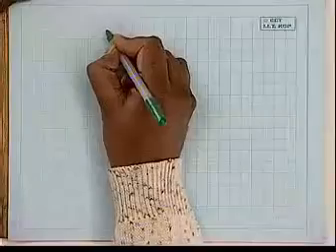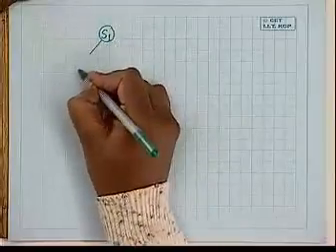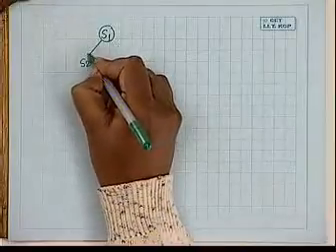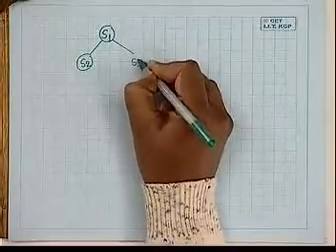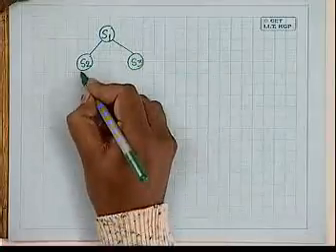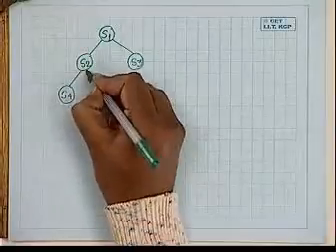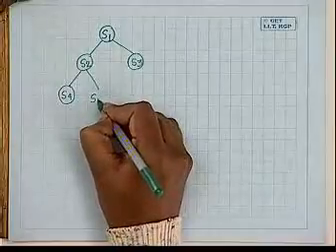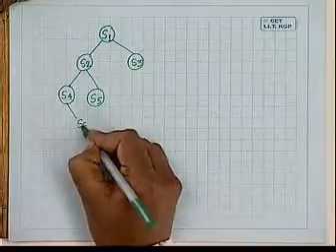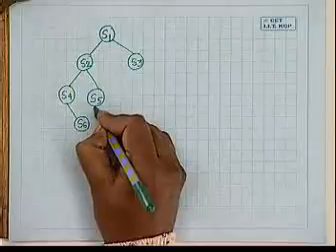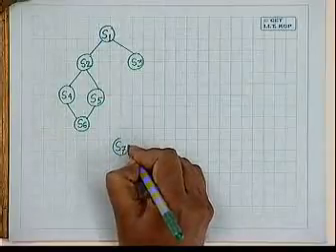So I take a very simple precedence graph like this, say S1, S2, S3, S4, S5, S6, then S7.